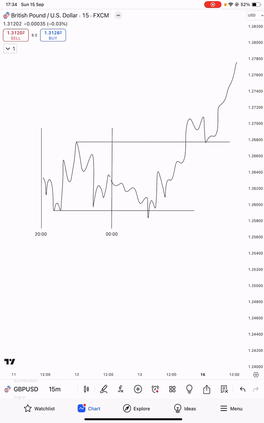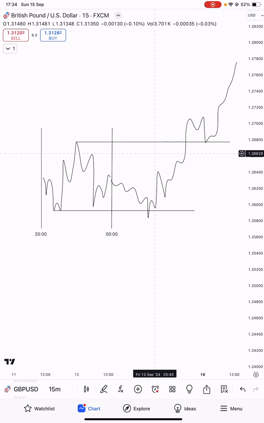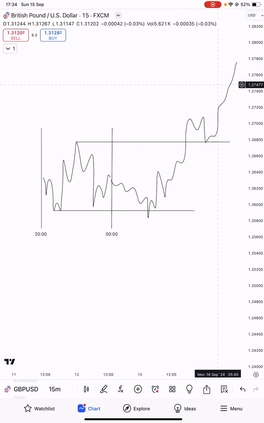So that's how I do it. And if you scroll back in my Twitter feed, you will see that on my entry on Euro, I missed the soup because I was asleep, and I came to the charts around 6 a.m. My entry was on the retest of the Asian range.